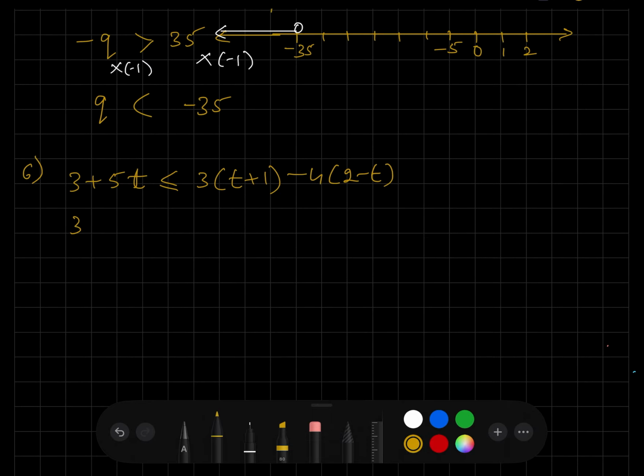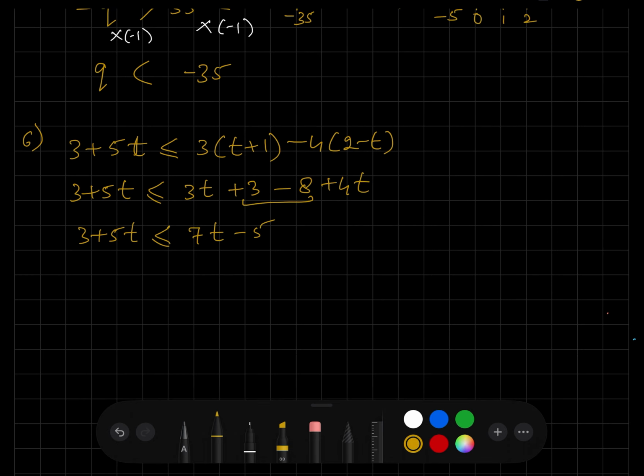I can write 3 plus 5t less than or equal to, let us open it, 3t plus 3 minus 4 2's are 8, negative 4 negative t, so it becomes plus 4t. Now 3 plus 5t less than or equal to 3t plus 4t is 7t, 3 minus 8 becomes minus 5.